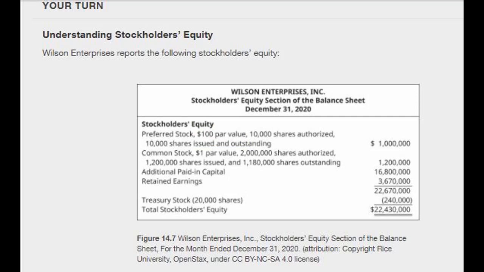But what happens if you register these par values and then you go to sell the stock to new shareholders and they're willing to pay you a lot more than the par value for the shares? Do you accept a lot more money from them? Absolutely. Take the money. If the common shareholders want to give you a lot more than $1 per share, take it all.